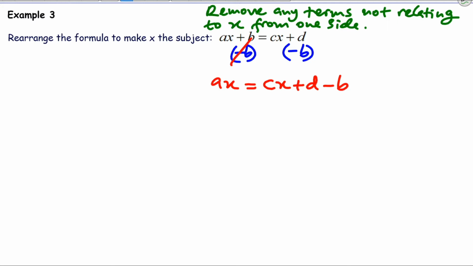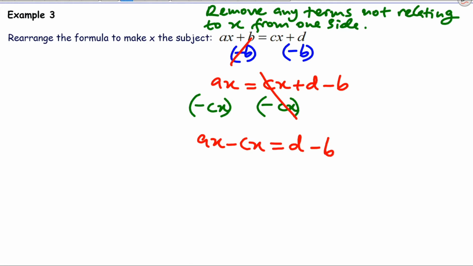And then you want to bring the x's to one side. So subtract cx. So cx minus cx will be equal to 0. So you're left with ax minus cx equal to d minus b. And then the next step will be factorizing out x. So take out the x.